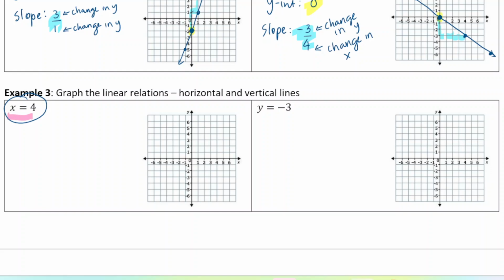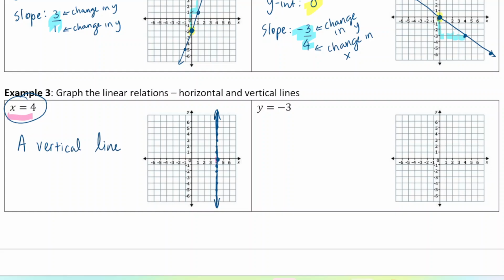So let's find x equals 4 on the graph. Let's start plotting some points where x equals 4. This point has x equals 4, this point, this point, and then all these points as well. All these points on this vertical line all have an x value of 4. So this is going to be a vertical line.